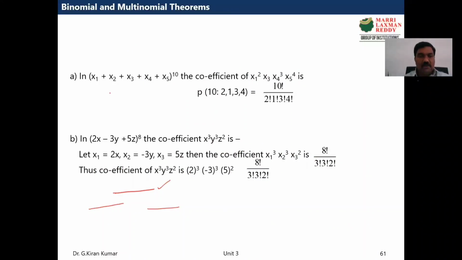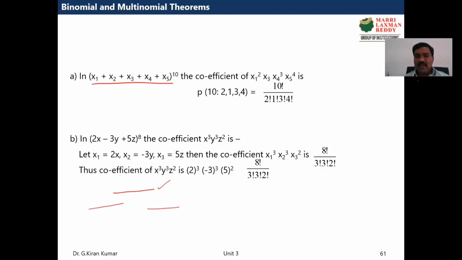Similarly, you can see some examples here. In this multinomial expansion, x1 plus x2 plus x3 plus x4 plus x5, whole power 10, the coefficient of x1 square, x3, x4 power 3 and x5 power 4.